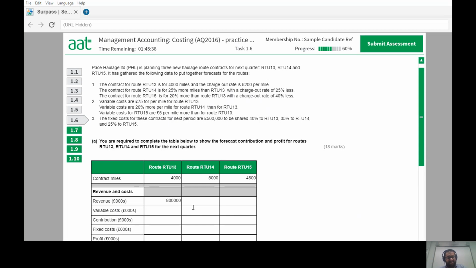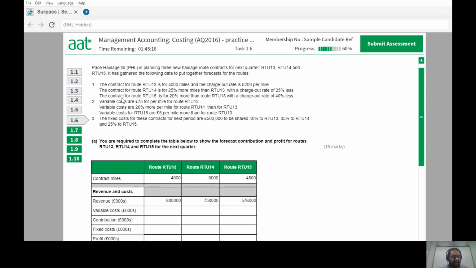That's going to give me 750,000. The last one is 4,800 miles multiplied by 120. That's going to give me just north of 500,000. So it's going to be 576,000 there.